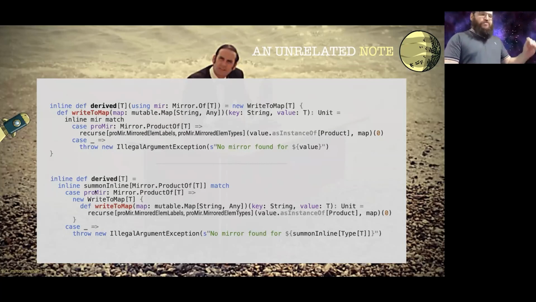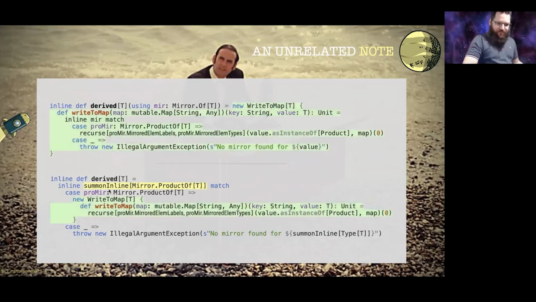Here's why. Instead of requiring this thing to come in, you can use summon inline to summon the mirror directly inside the macro. And once you do that, you don't actually have to have a mirror in advance.